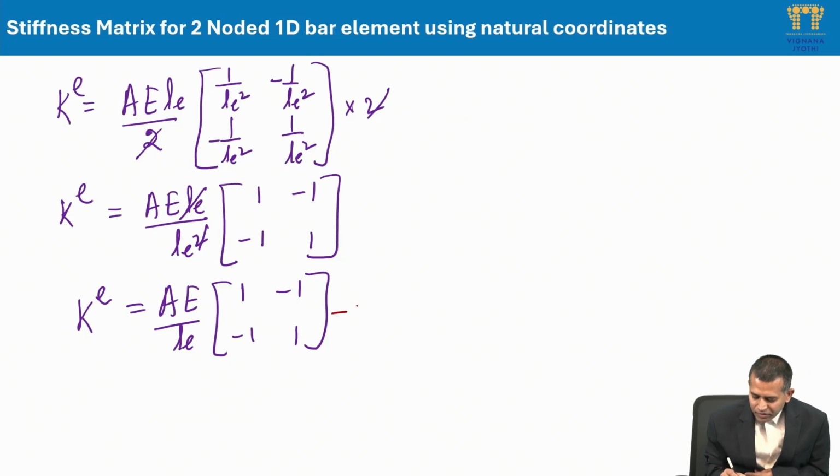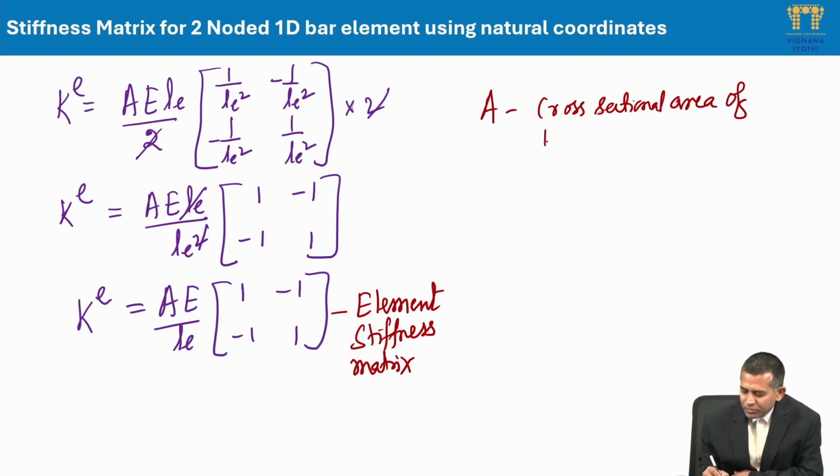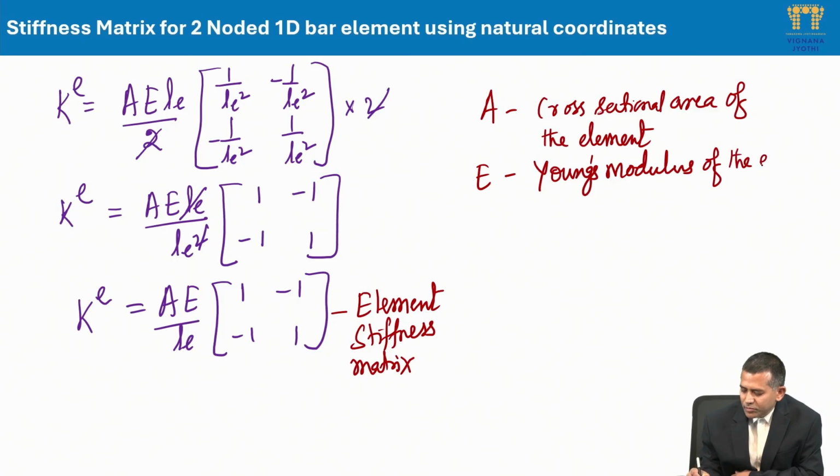Again, this is your element stiffness matrix, where A is the cross sectional area of the element, E is Young's modulus of that element, and LE is the length of the element.